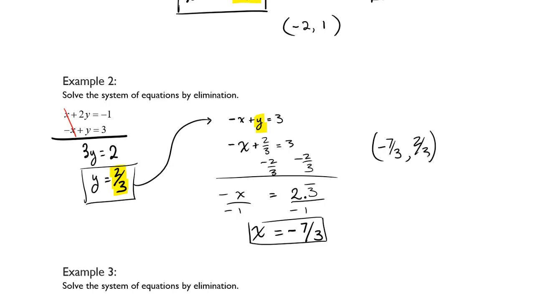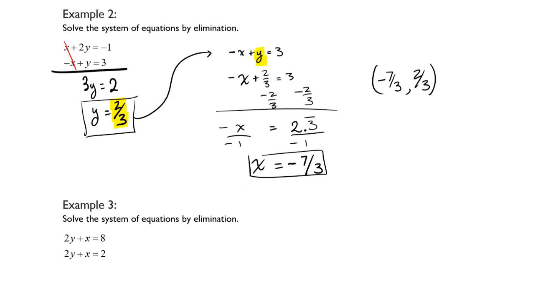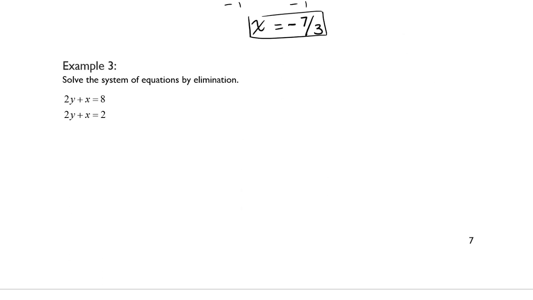Now let's move on to the next one. We have the system of equations 2y plus x equals 8 and 2y plus x equals 2. Let's see what happens when we try and solve this system of equations. Notice that the two equations have exactly the same terms on the left-hand side.